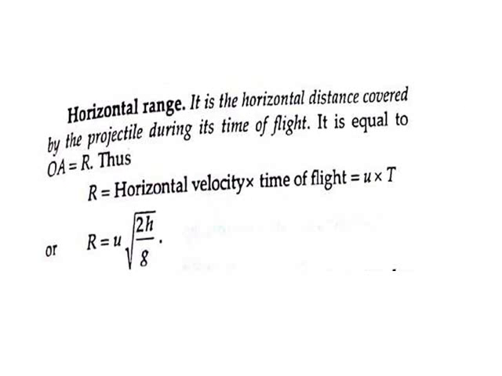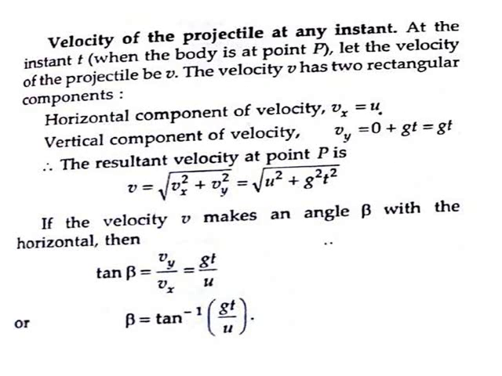For horizontal range, horizontal velocity into time of flight, so R equals u into square root of 2h by g. And for finding the velocity of the projectile at any instant, the horizontal component, you know, will remain constant, equal to u, and the vertical component equals gt.